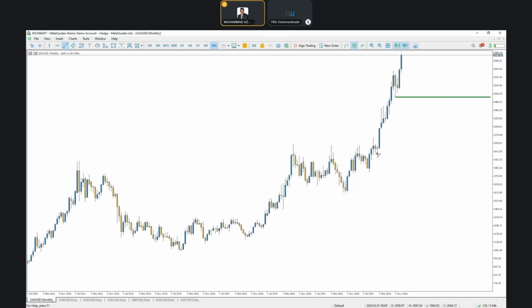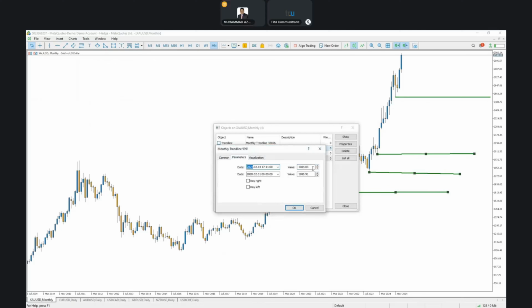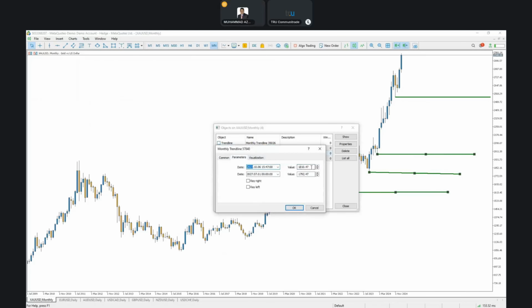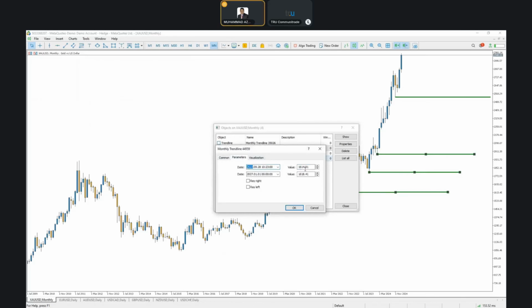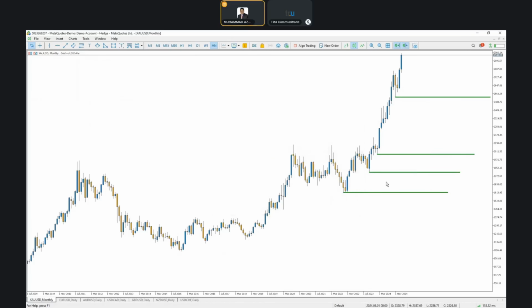So you can see price action just keeps printing higher swing highs and higher swing lows. Let me adjust these trend lines. So there's basically an uptrend going on in spot gold inside the monthly time frame. So the monthly time frame is quite bullish.